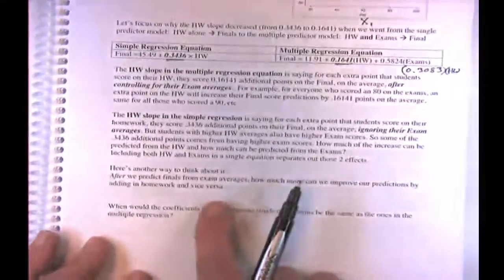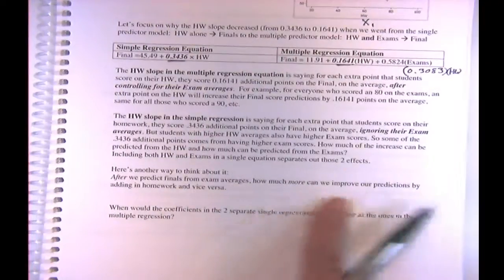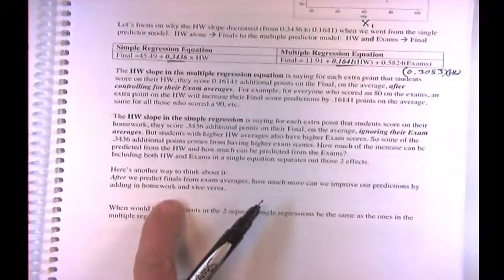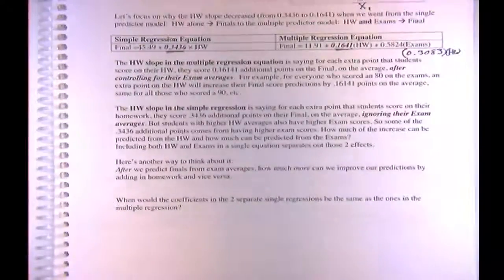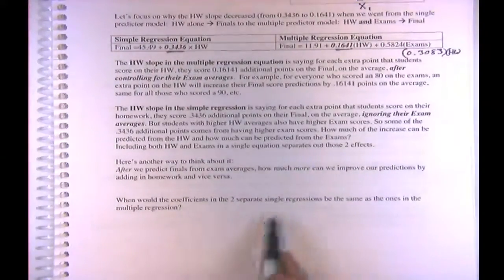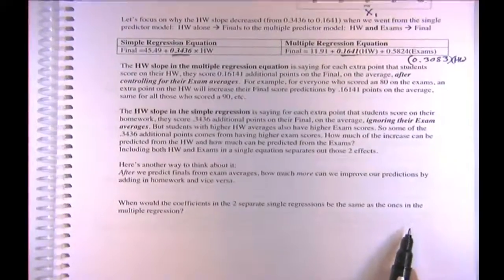Here's another way to think of it. After you predict finals from exam averages, how much more can we improve our predictions by adding homework in, and vice versa? So the question is, we just answered it before, when would the coefficients of the two separate single regressions be the same as the ones of the multiple regression?